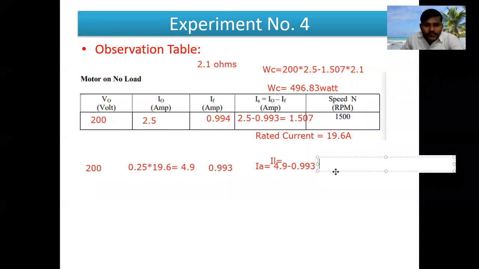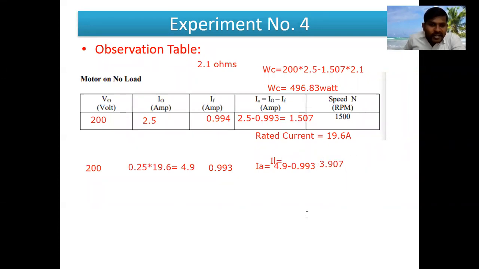IA इज इक्वल्स टू 3.907. 3.907 ना. 3.907 इट इज द आर्मेचर करंट ऍट दॅट सिच्युएशन. म्हणजे ज्यावेळेस 25% लोड आहे त्यावेळेसचा आर्मेचर करंट काय झाला, 3.907.